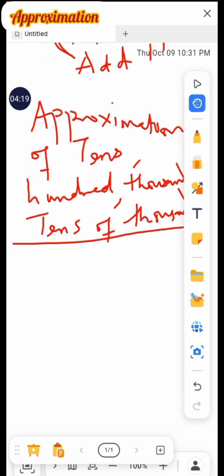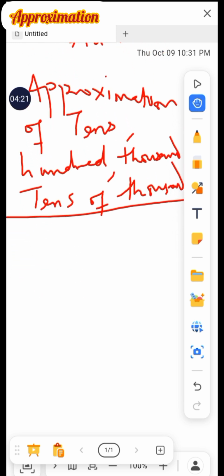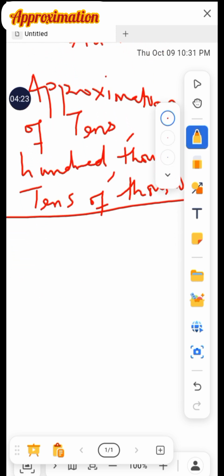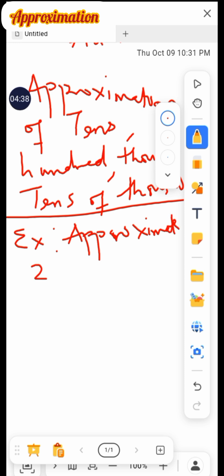Before now, I want to believe that you have been taught place values, so you will know your place values very well. Okay, so let us say example 1. Let's say you were asked to approximate 24,582,392.